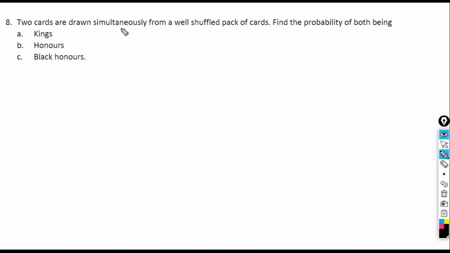Okay, now guys, let's do one question which is asked by question. So I am reframing it. So let's say the question is, 2 cards are drawn from 2 well shuffled pack of cards. Find the probability of both being kings.